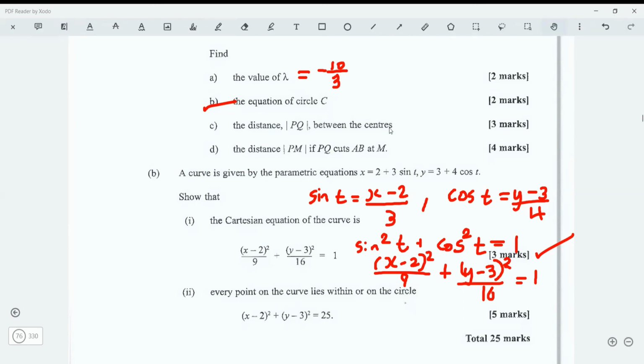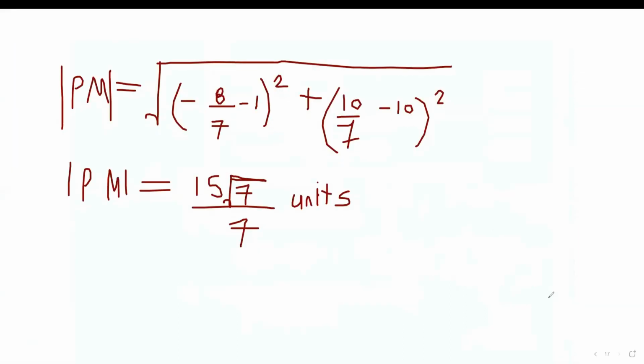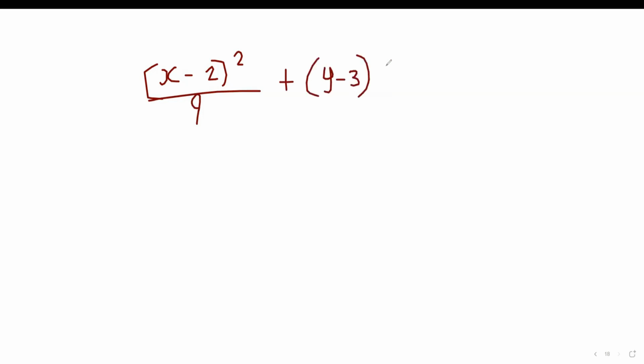We have x minus 2 all square over 9 plus y minus 3 all square over 16, and that is equal to 1.